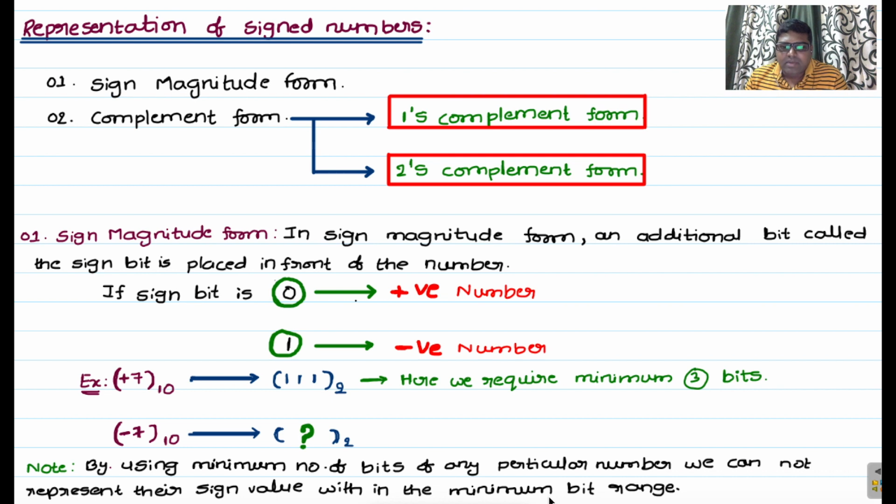Why? Because our statement is: by using the minimum number of bits of any particular number, we cannot represent its sign value within that minimum bit range. If I want to represent a minus 7 value, definitely I will require more than 3 bits. If you take 3 bits, we are unable to represent that minus 7 value. Then only it is possible to represent the minus sign value of that particular number.